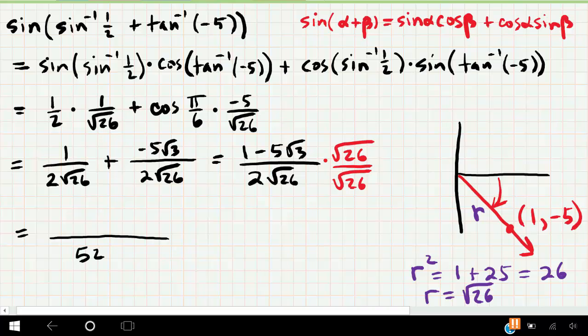In the numerator, we have to distribute the square root of 26, so we'll have square root of 26 times 1 minus the square root of 26 times the square root of 3, which is the square root of 78, since 3 times 26 is 60 plus 18. And that's as far as we can go.